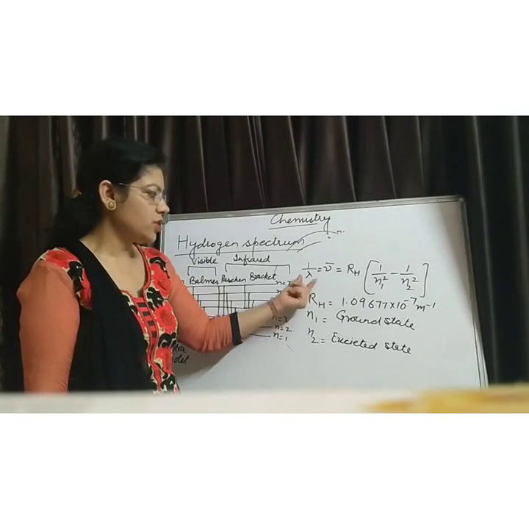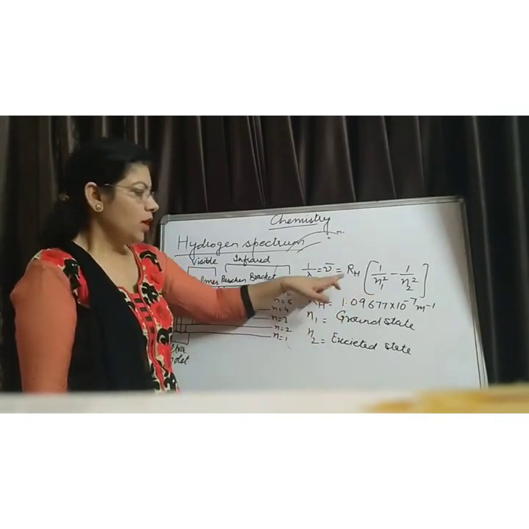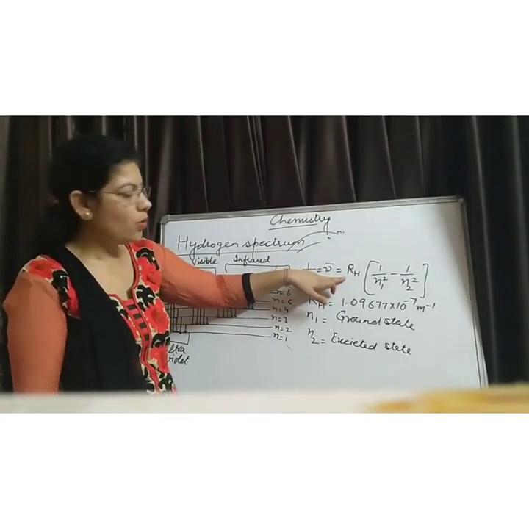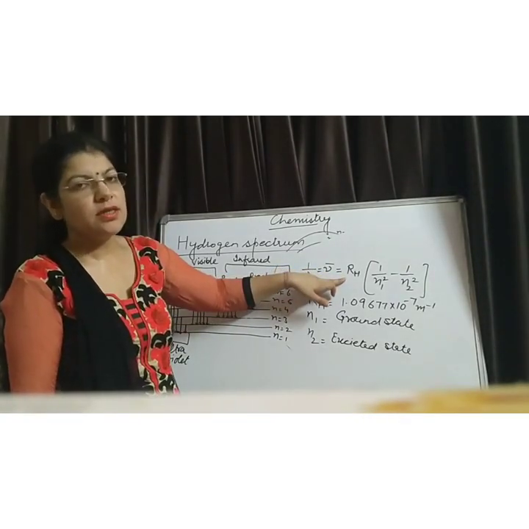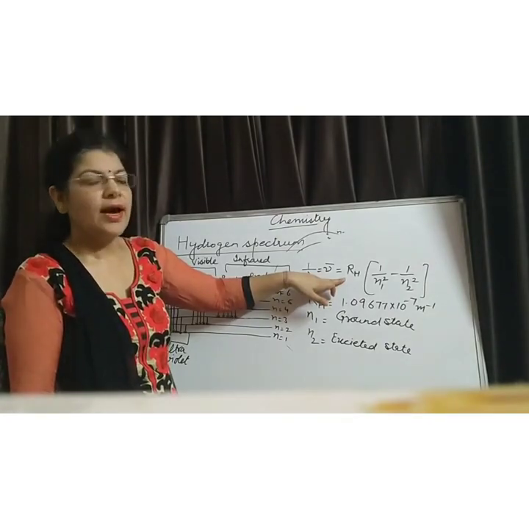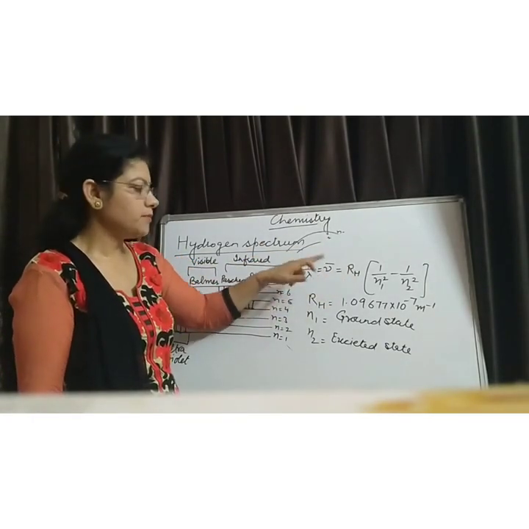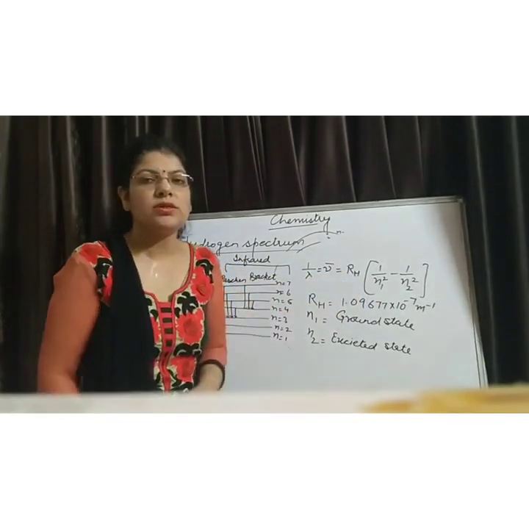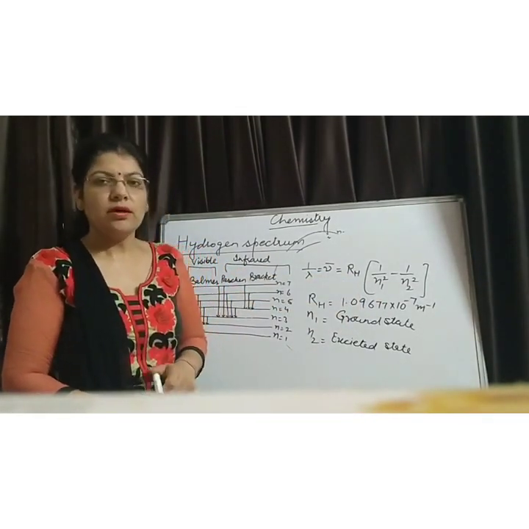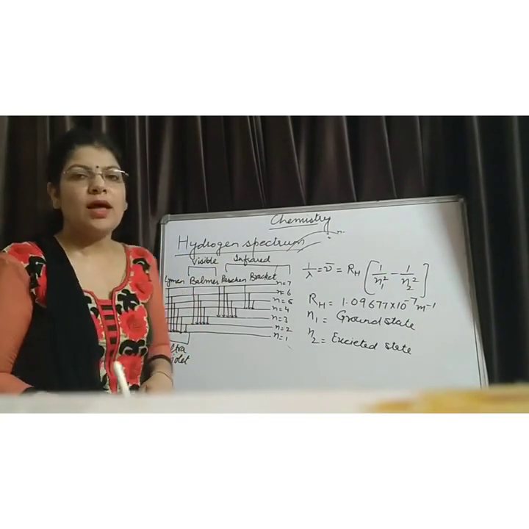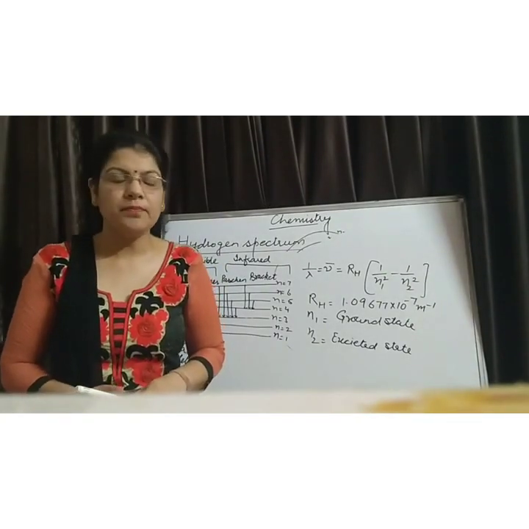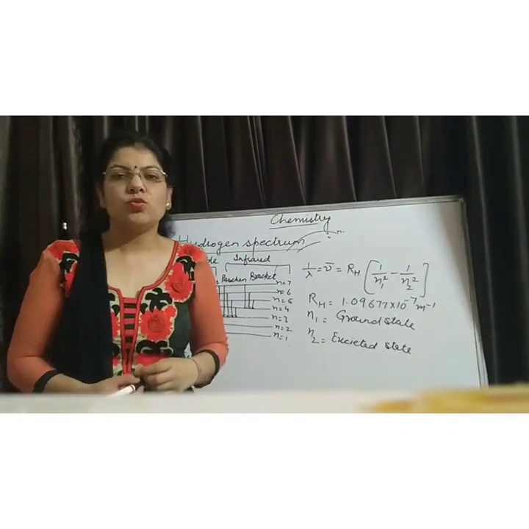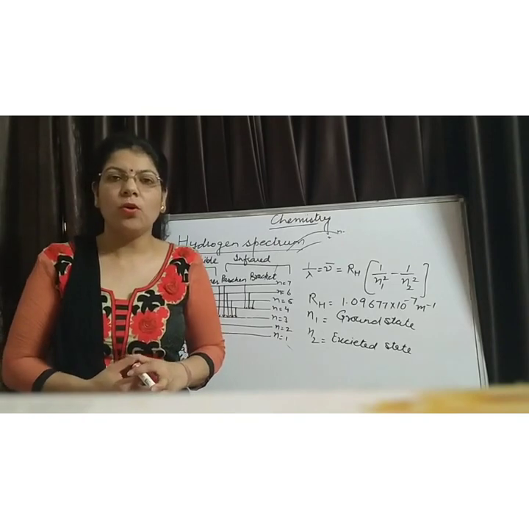In this formula, RH is the Rydberg constant, and Rydberg is the name of the scientist who gave this formula. N1 is the ground state of the electron, and N2 is the excited state. This is all about the hydrogen spectrum or the spectrum of those ions which have a single electron in their shell.